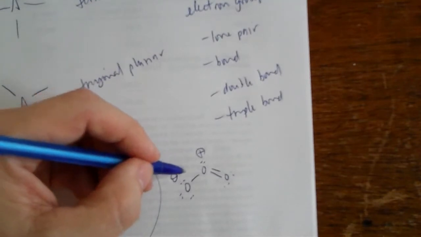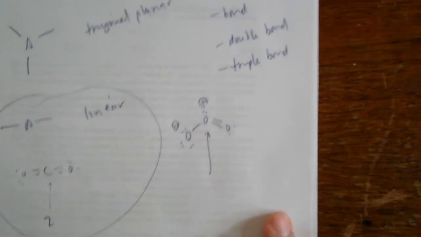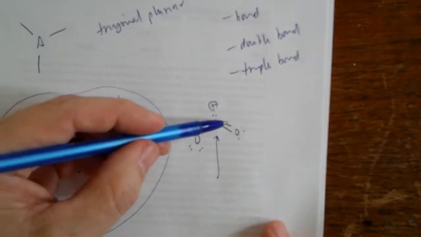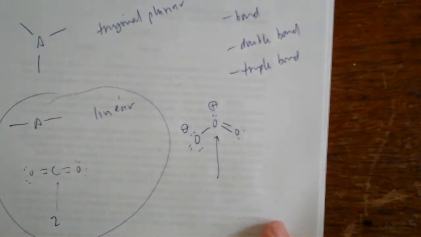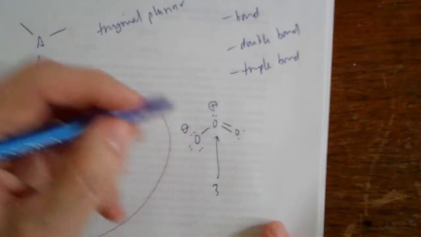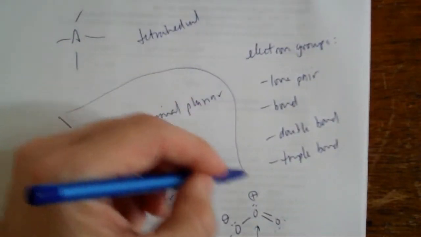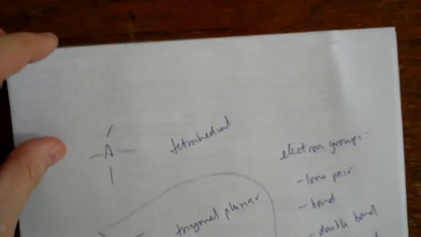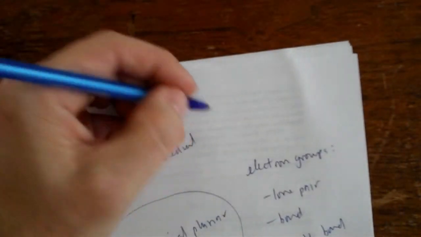And how many electron groups around that central atom? Here's the electron groups right here. Right? It's 1, 2, 3, right? 3 electron groups, and so it is trigonal planar.